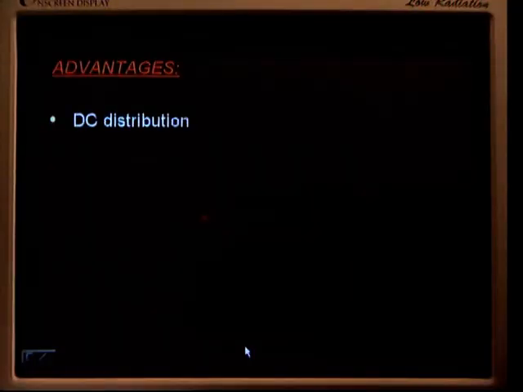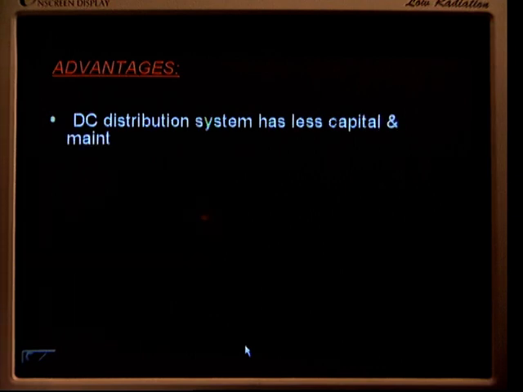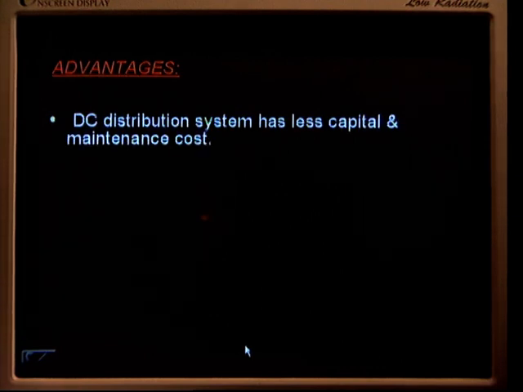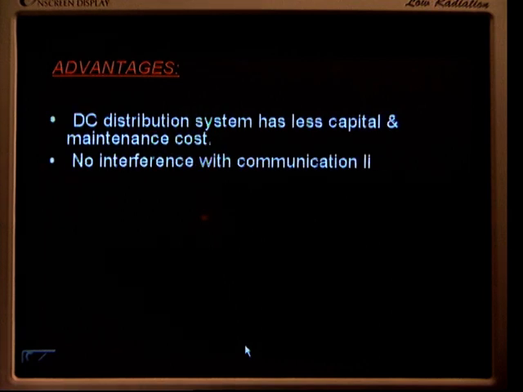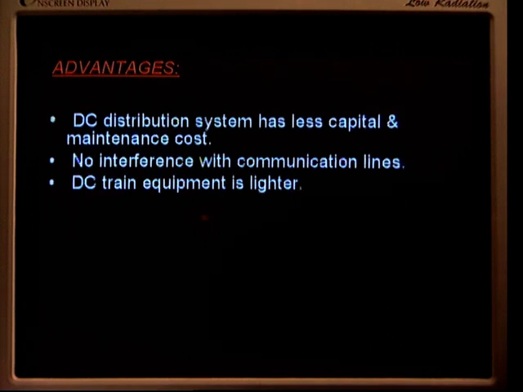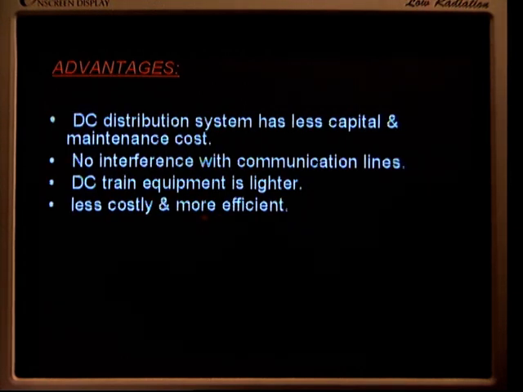Now, let us see the main merits of a DC system. The DC distribution system has less capital and maintenance cost, and no interference with communication lines. DC train equipment is lighter in weight, less costly and more efficient.